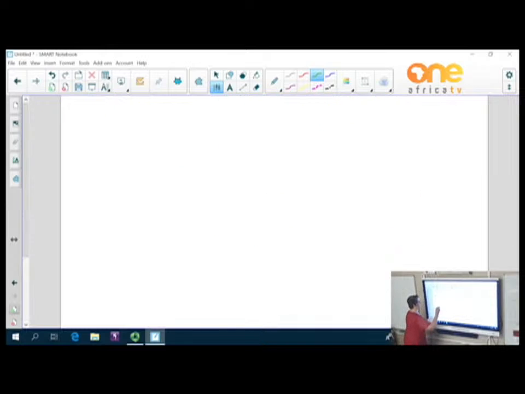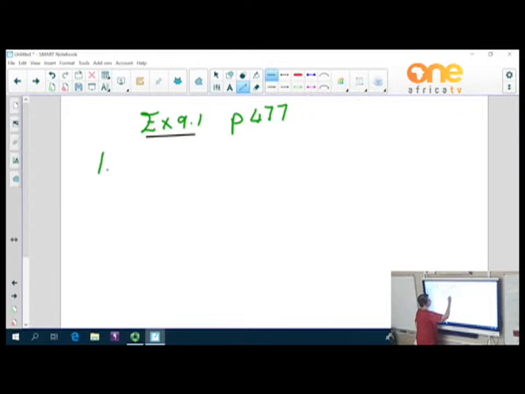So we're looking now at exercise 9.1 on page 477. And this is now a revision exercise. So we must decide which one of all those formulas are we going to use. So we've got the picture there. In the triangle ABC, it is a right-angle triangle.